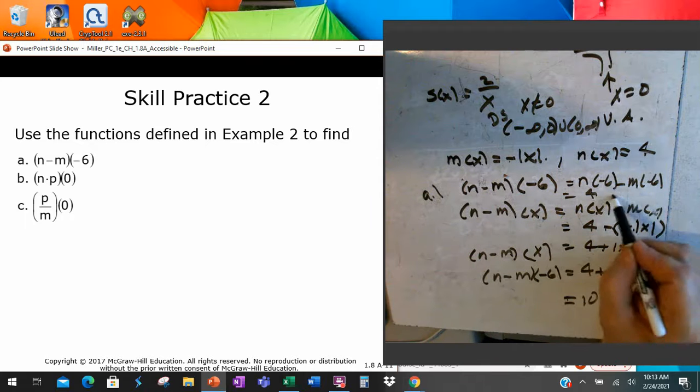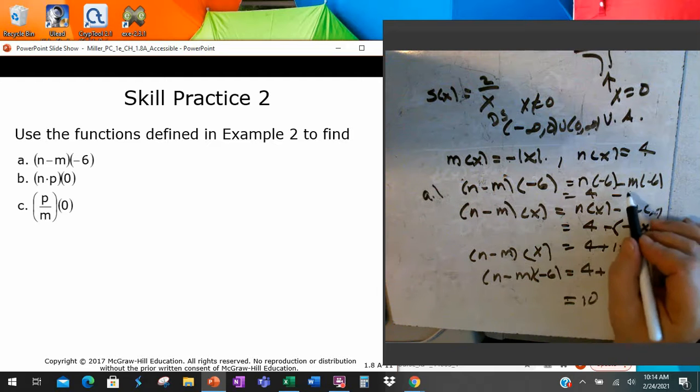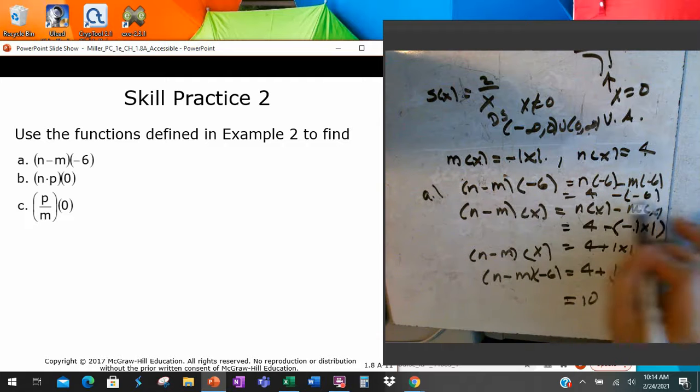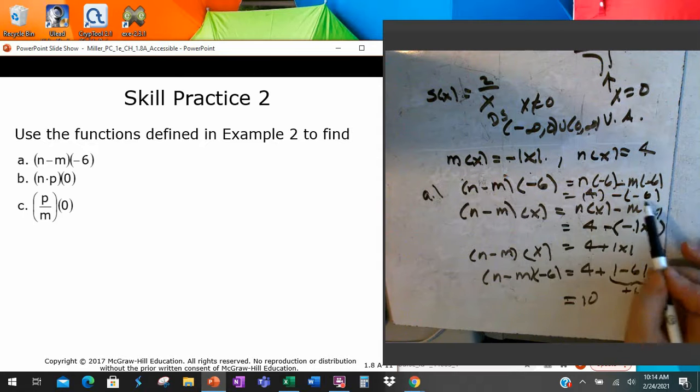So minus m of negative 6, minus the negative 6, is 6, negative 1. So that's negative 6 and then the minus, and that gives me the very same thing as the 10.